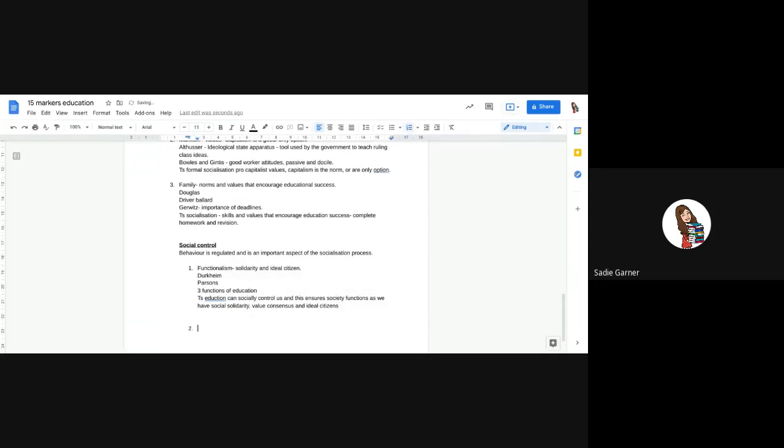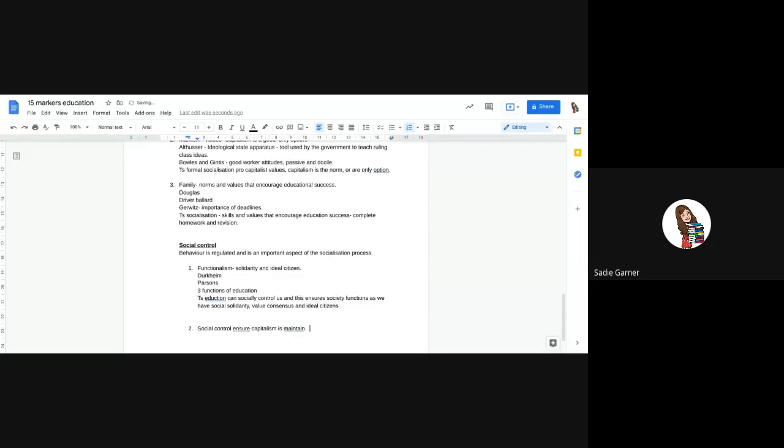Blue and then a red. So paragraph 2, Marxists would argue that education socially controls to ensure that capitalism is maintained, that its crux is to maintain an oppressive capitalist system. So social control in education ensures that capitalism is maintained in society.